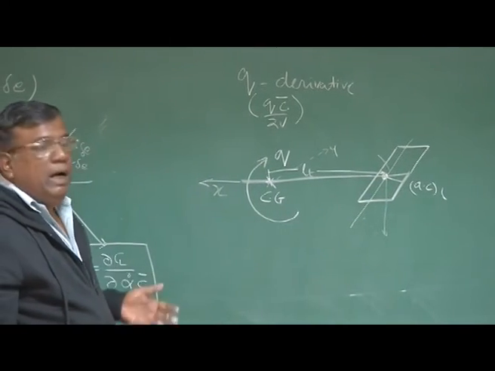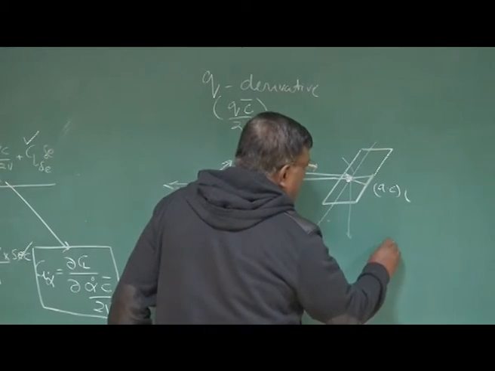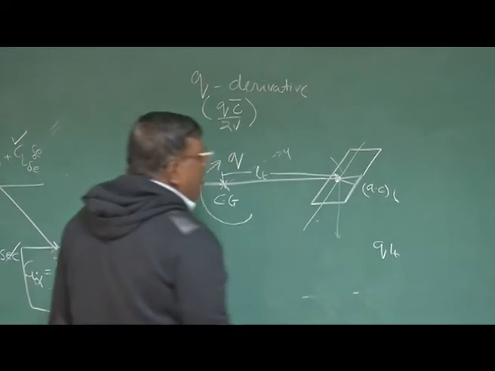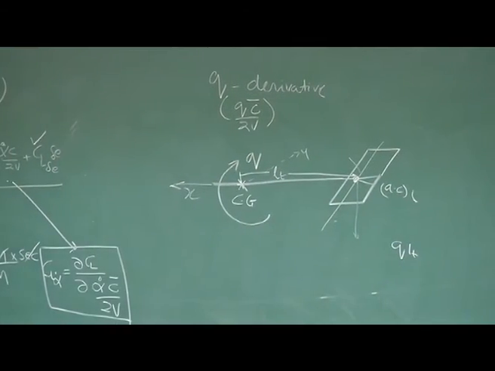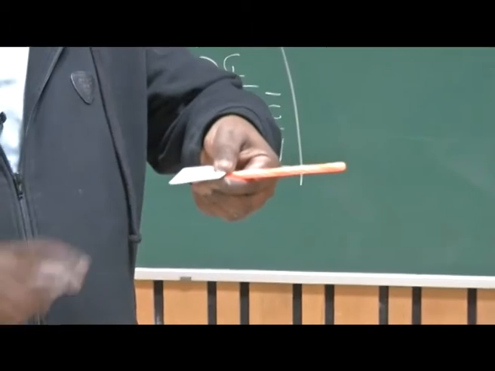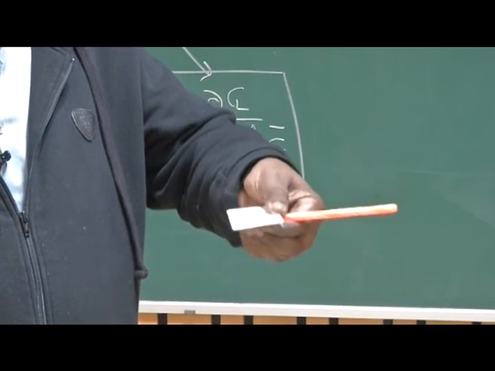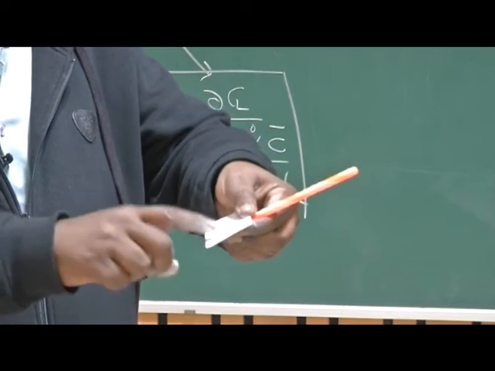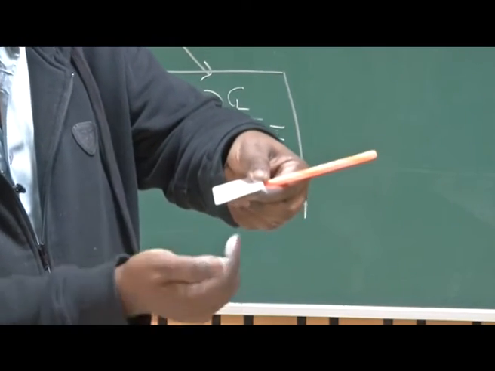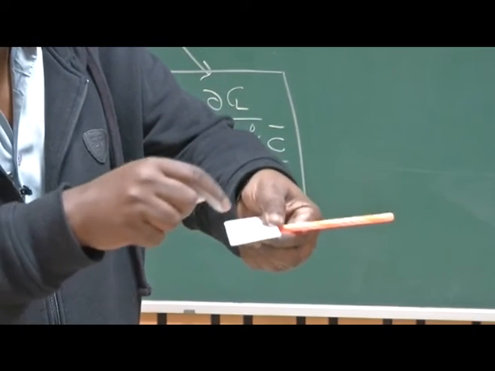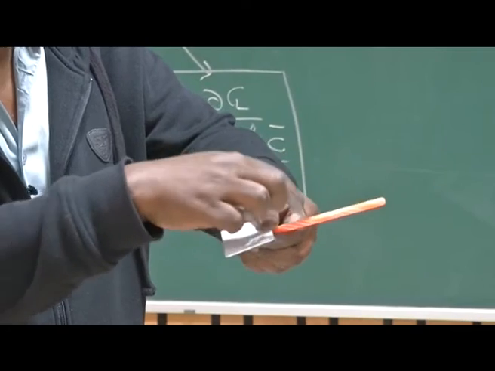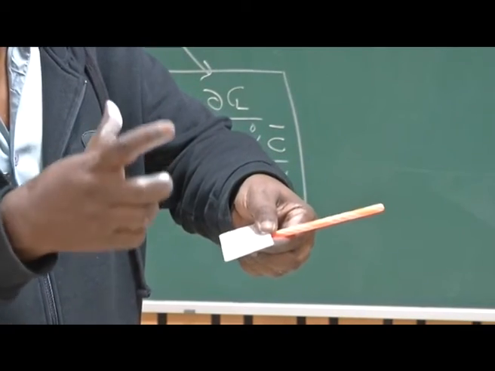V equals omega R, so it will be Q into LT. Is it clear or not? If the airplane is pitching up with positive Q, this tail is going down with Q into LT.